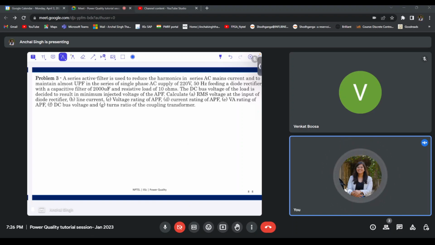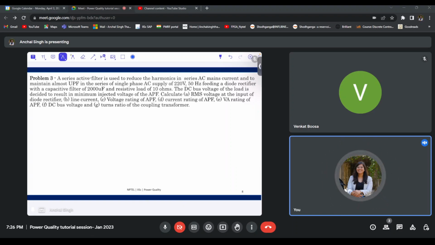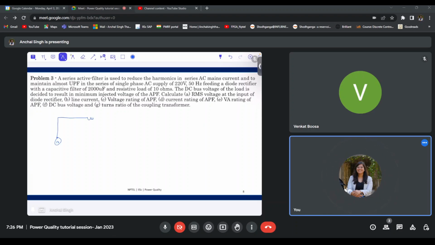Using this information, let us first start by drawing the diagram again. So again we have this coupling transformer. There will be this interface inductor LF. This is my full bridge topology of series active power filter.